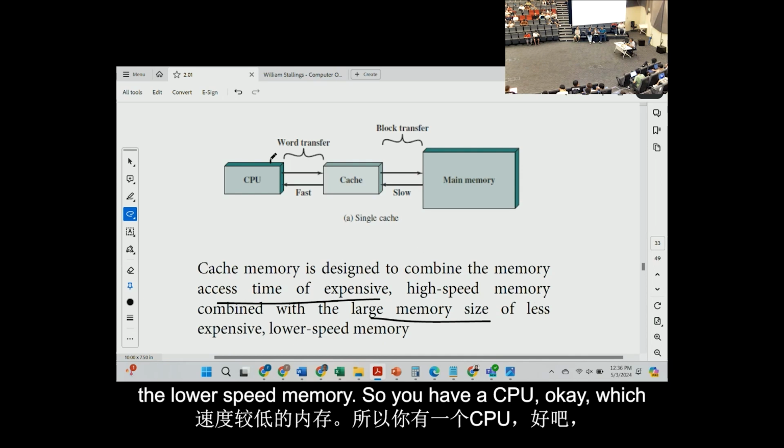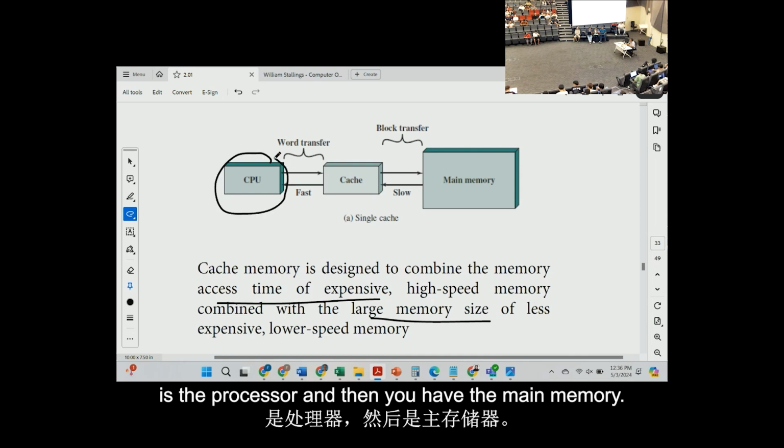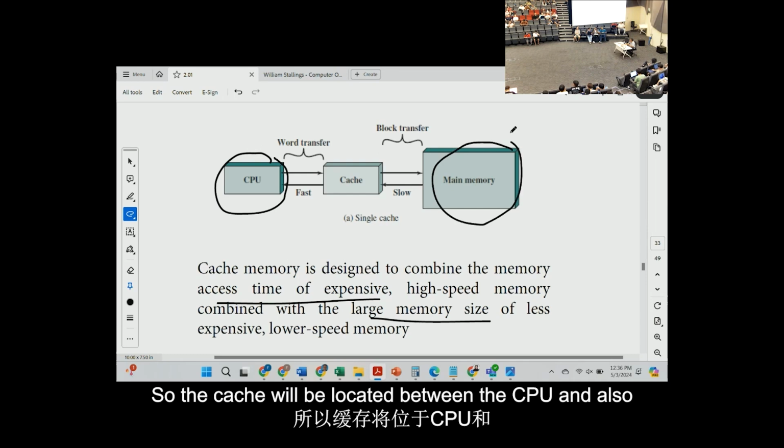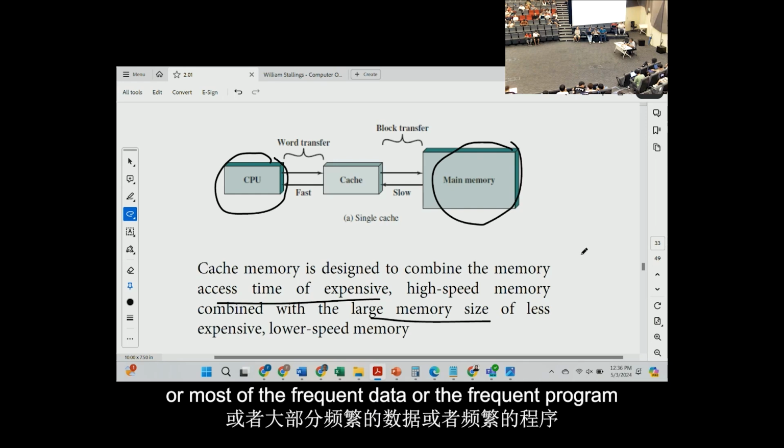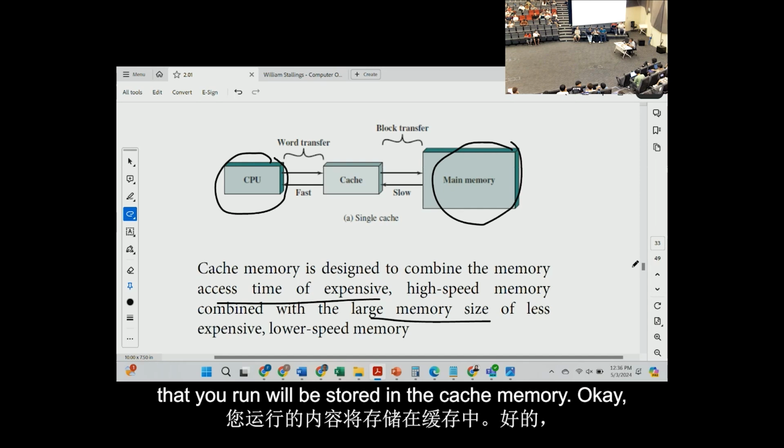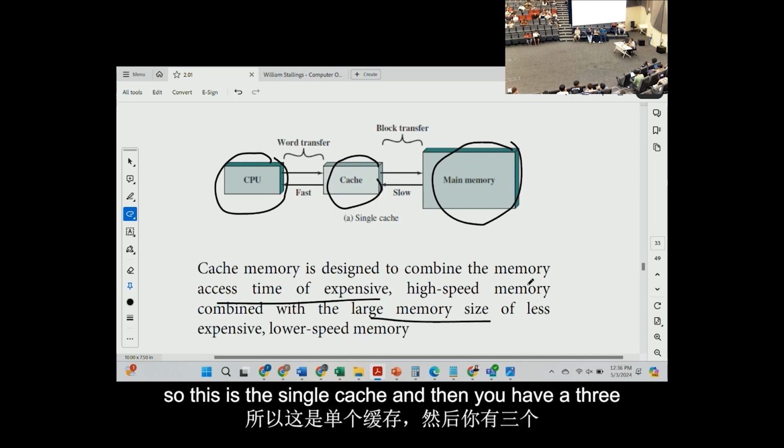So you have a CPU, which is the processor, and then you have the main memory. The cache will be located between the CPU and the main memory. Most of the frequent data or the frequent programs that you run will be stored in the cache memory. So this is the single cache.